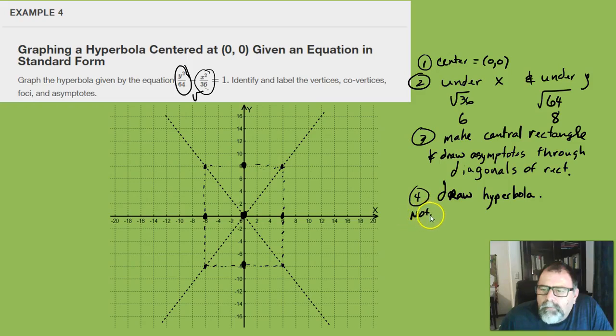And note, if it's x squared minus y squared, then that's horizontal. And if it's y squared minus x squared, that's vertical.